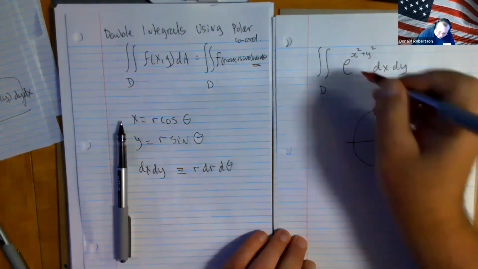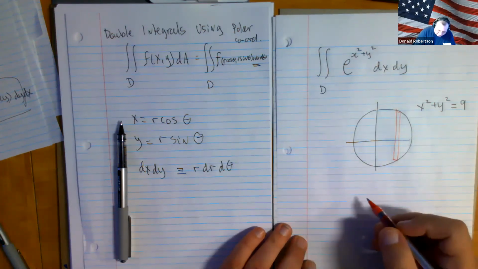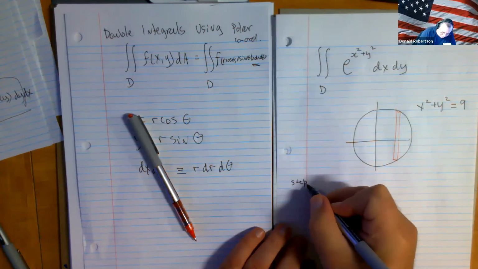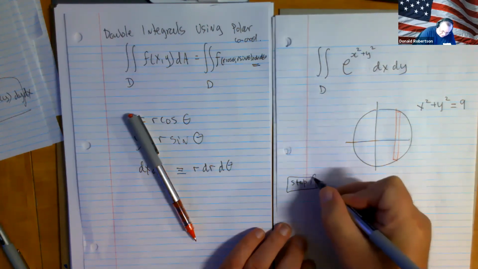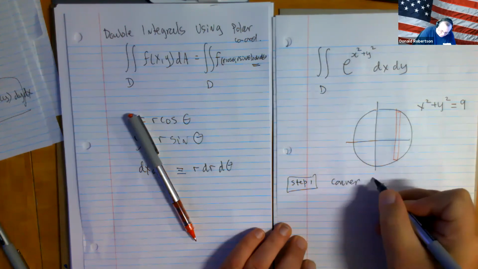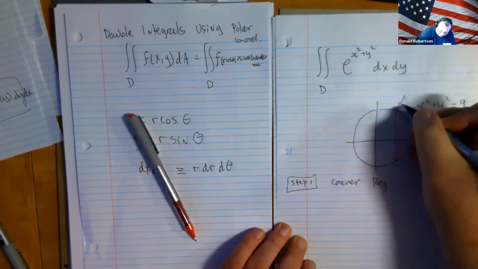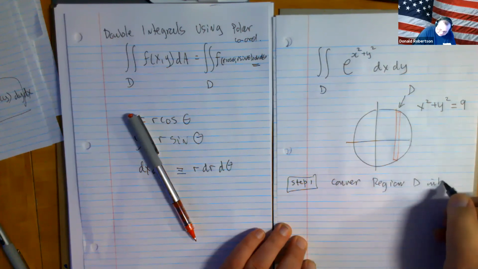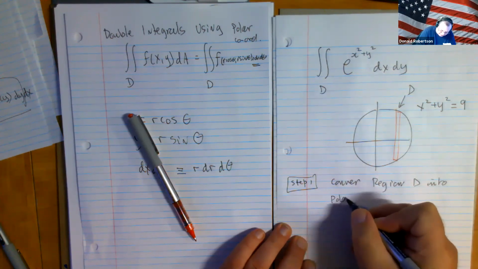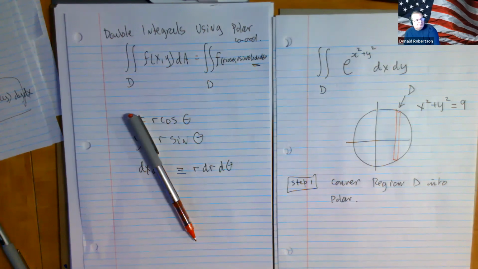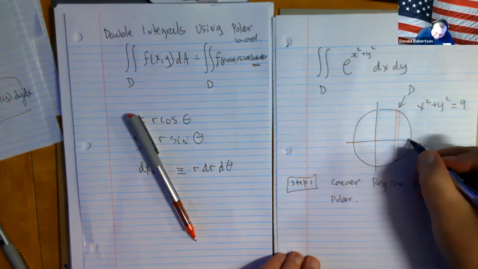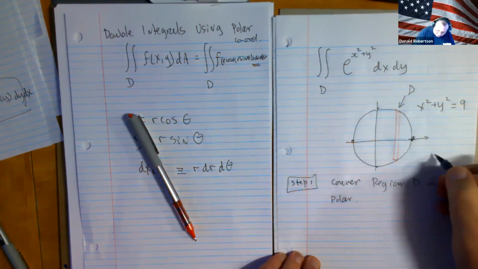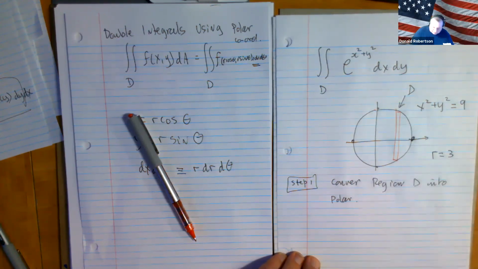So let's take that same question and convert it into polar. Well, the first thing you do is convert region D, which is what that is, into polar. Now, in this particular question, would you agree that what you're looking at is basically a circle whose radius is 3?